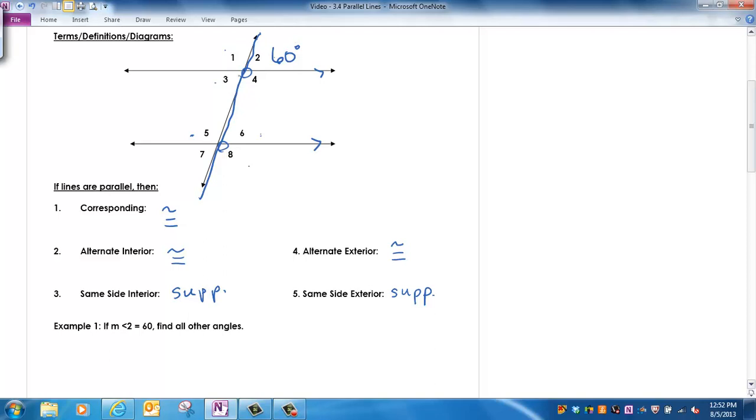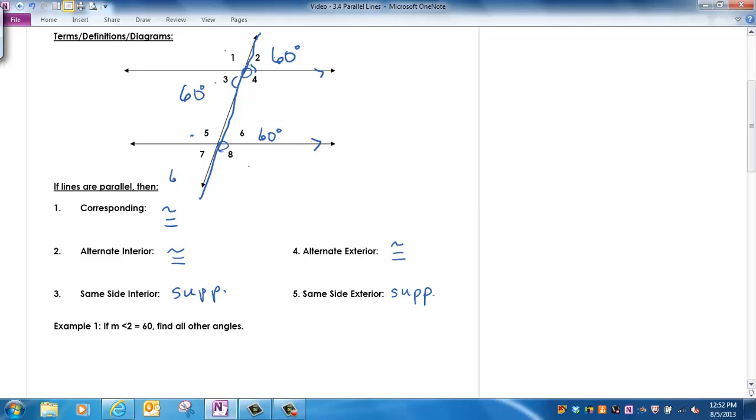3 has to also be 60 degrees because it's a vertical angle, and we know that vertical angles are congruent. 2 and 6 are corresponding, therefore this is also 60. And now there's lots of ways to get to 7. We could think about alternate exterior, vertical, or corresponding.